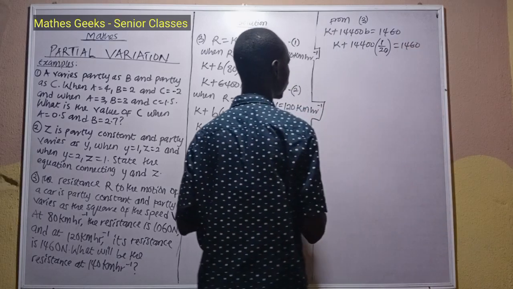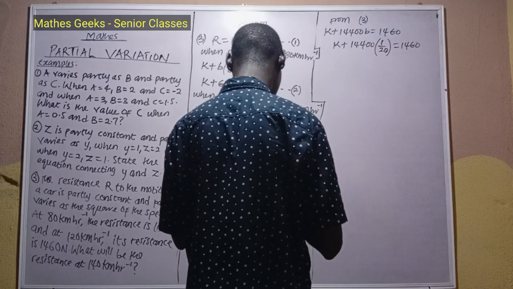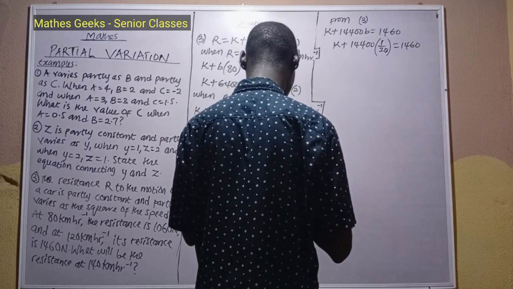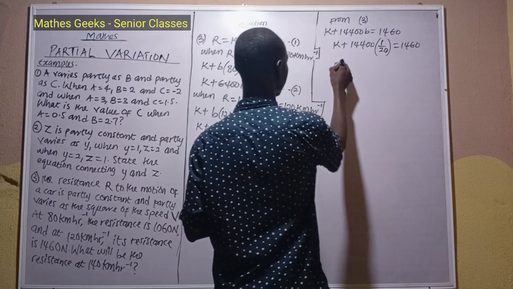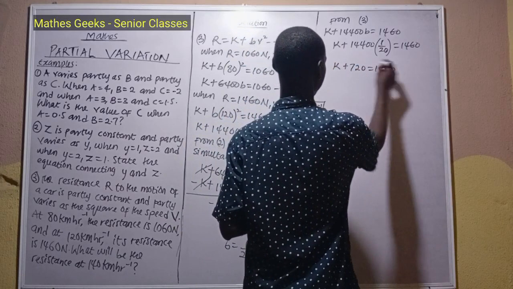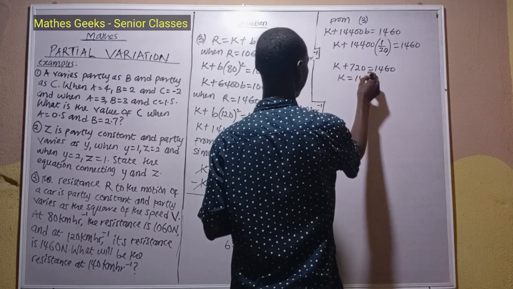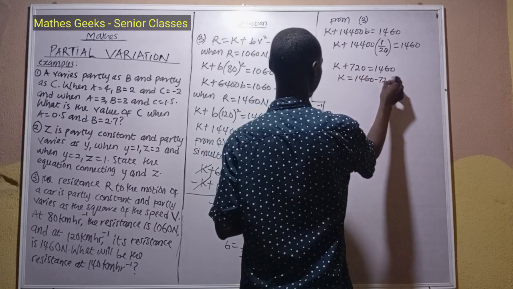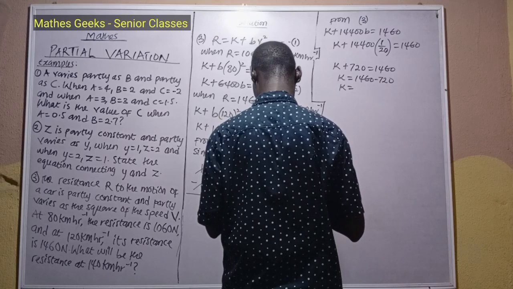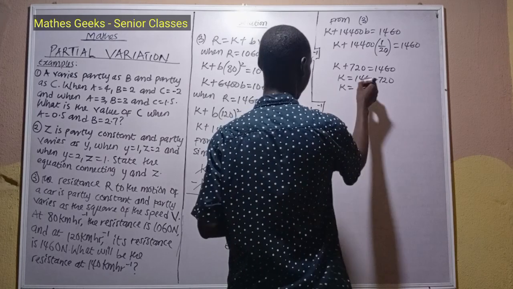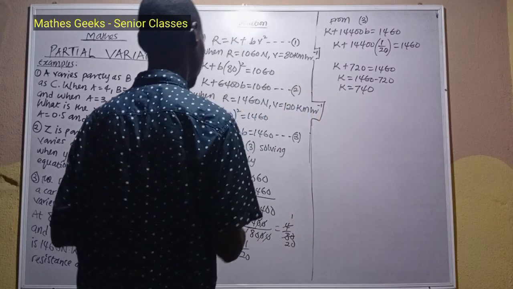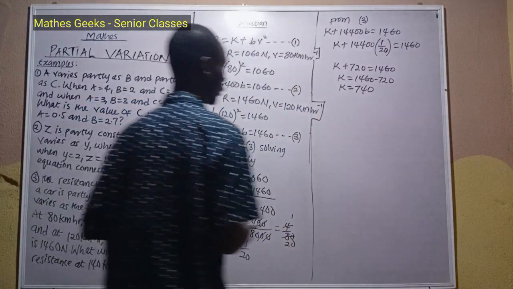So 14400 divided by 20 is 720. So k plus 720 equals 1460. k is equal to 1460 minus 720. k is equal to 740. So the value of k is 740, and b is 1 over 20.